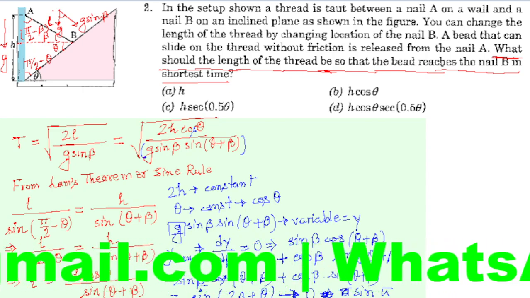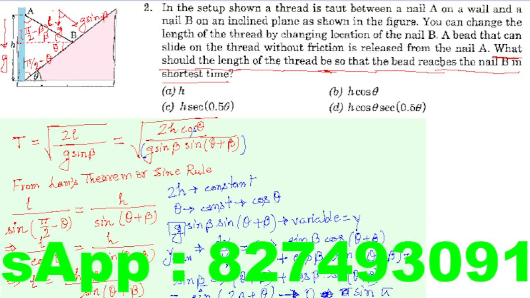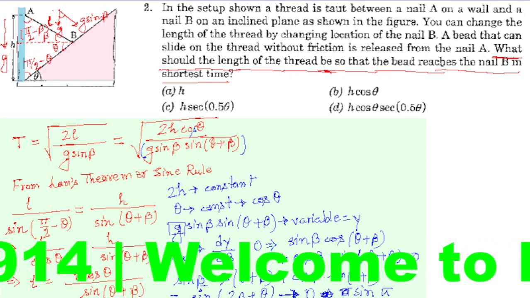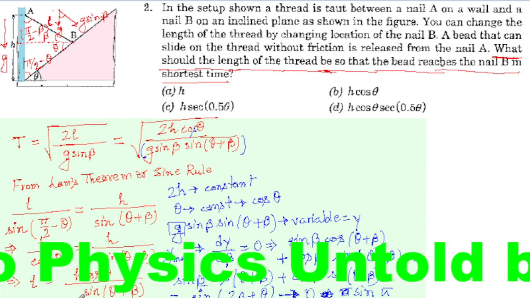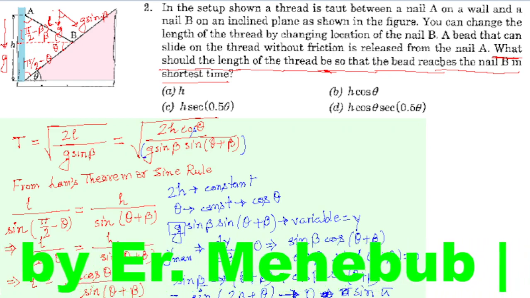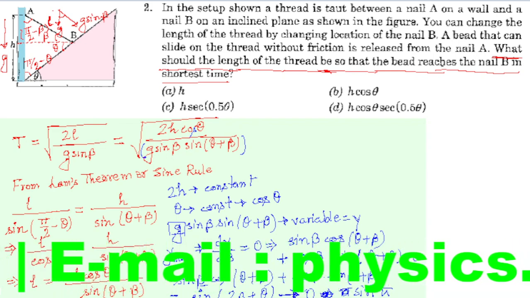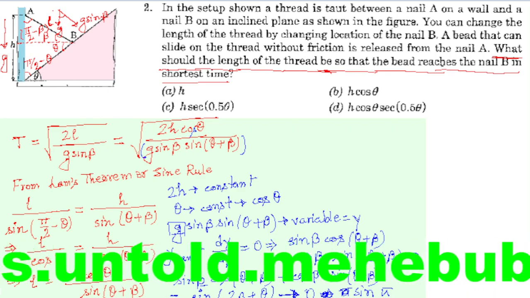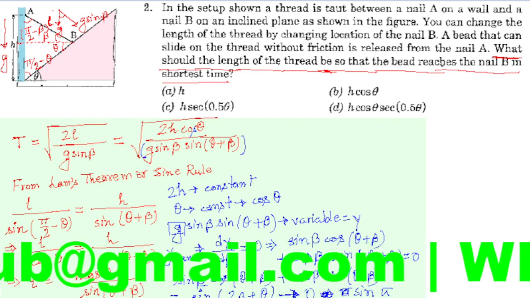Now instead of beta, we can write beta equal to pi by 2 minus theta by 2. Therefore, our required length is now becoming L equal to h cos theta divided by sine of theta plus pi by 2 minus theta by 2.